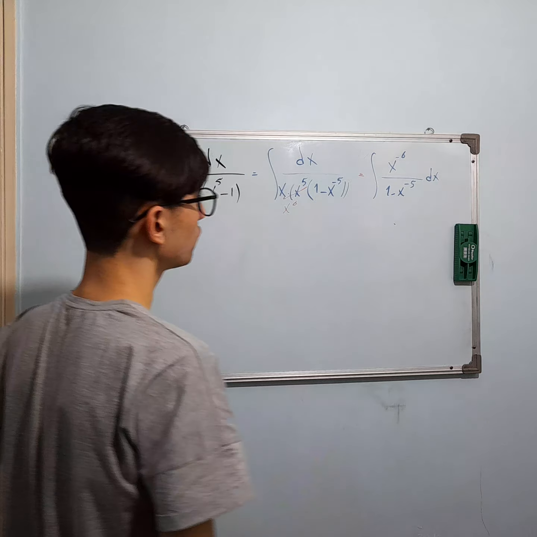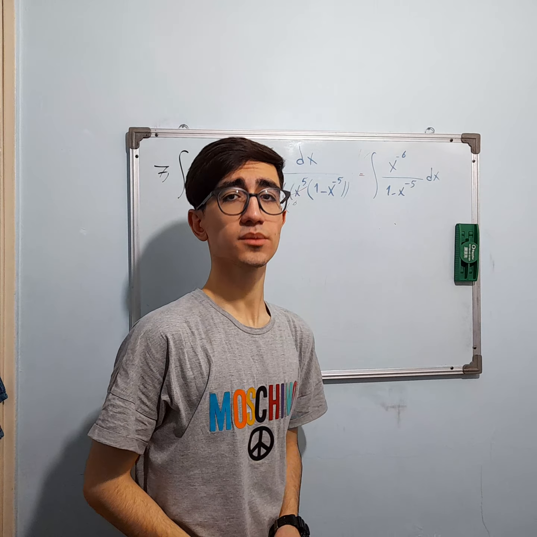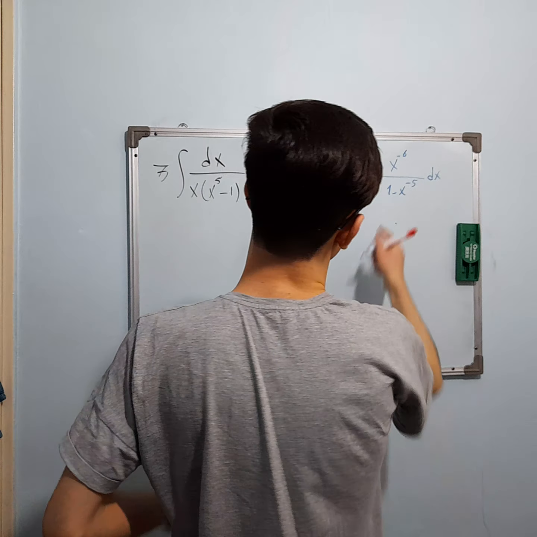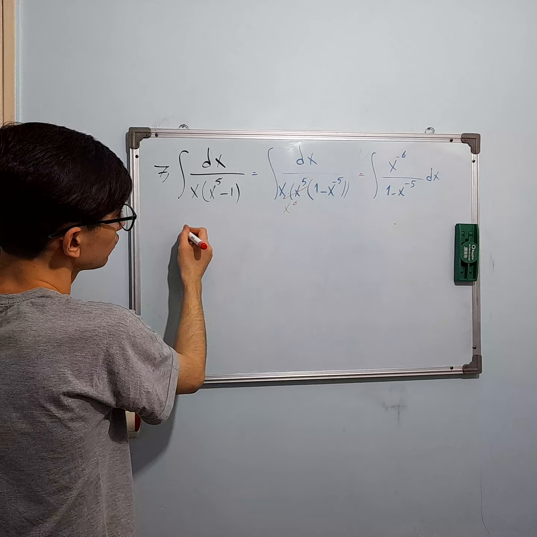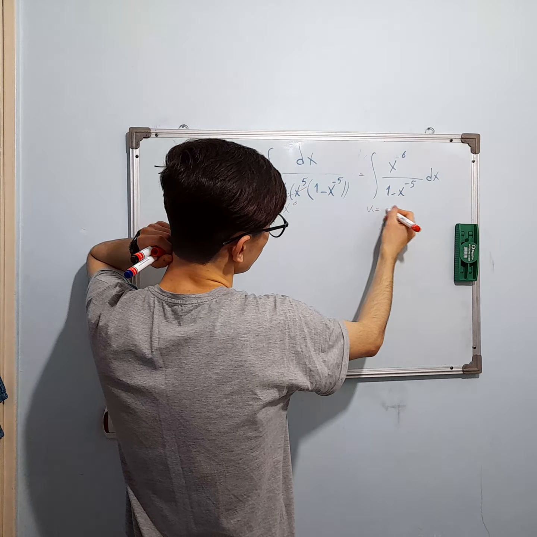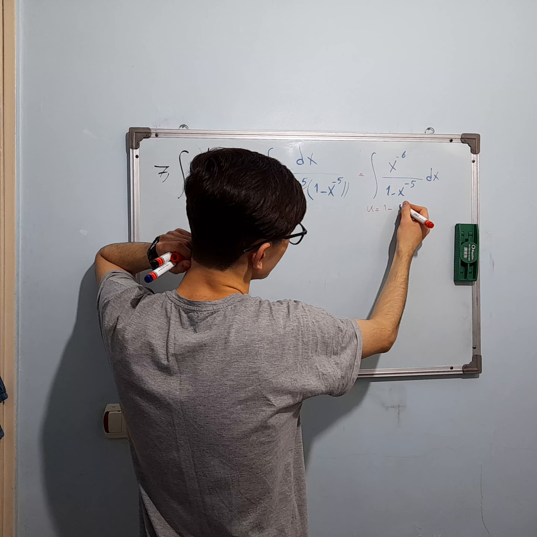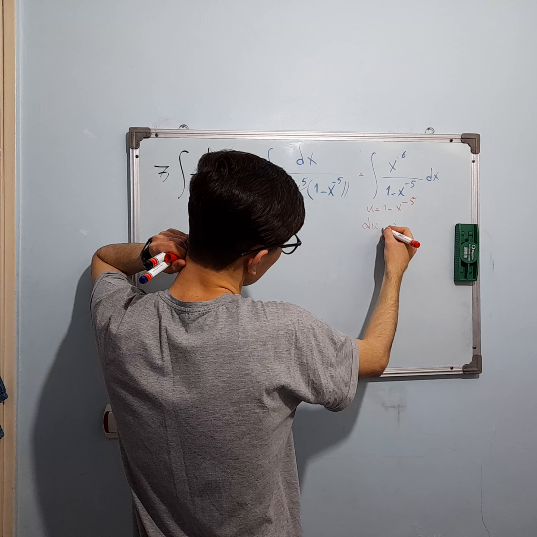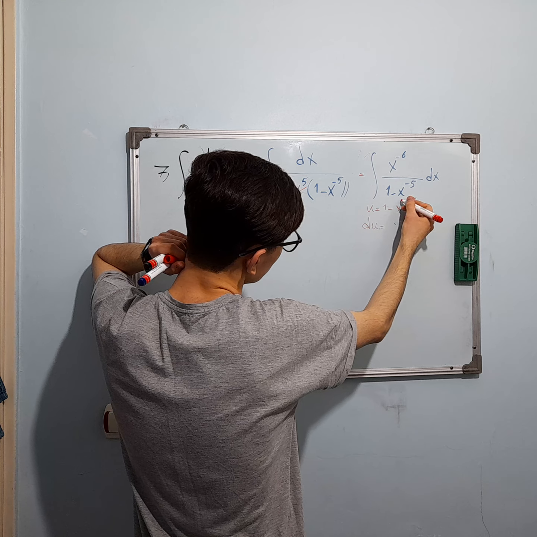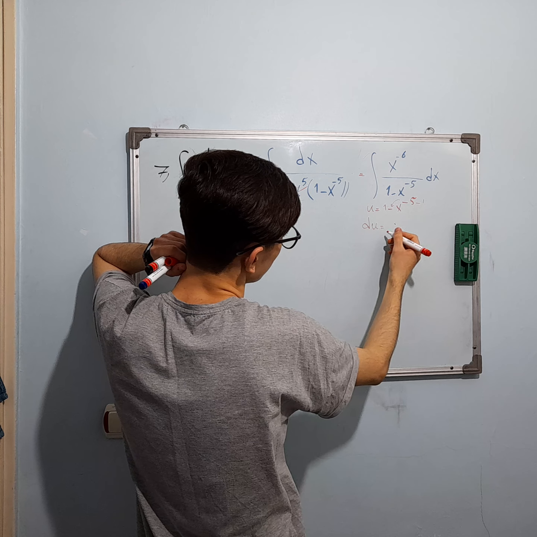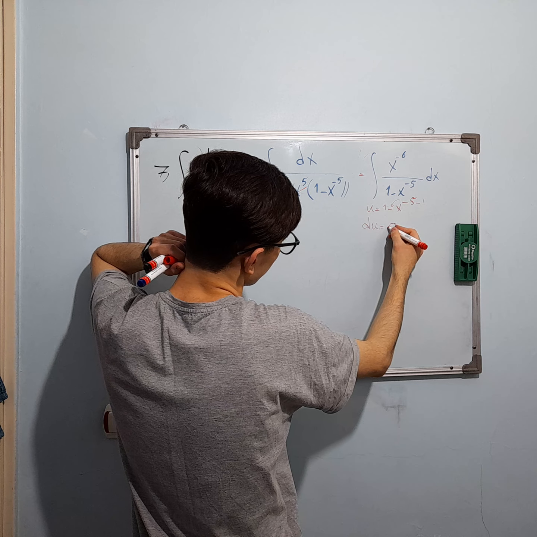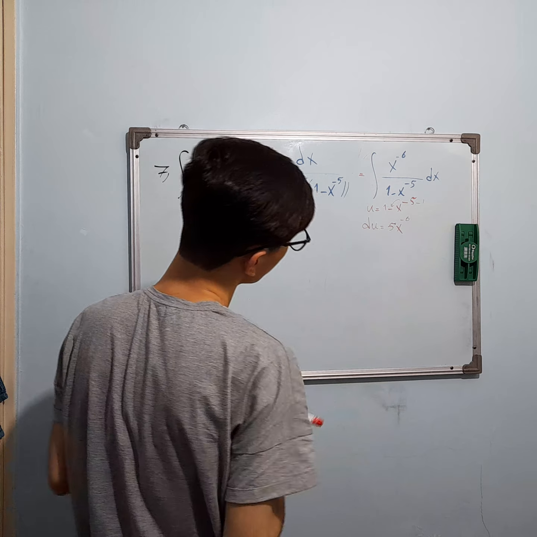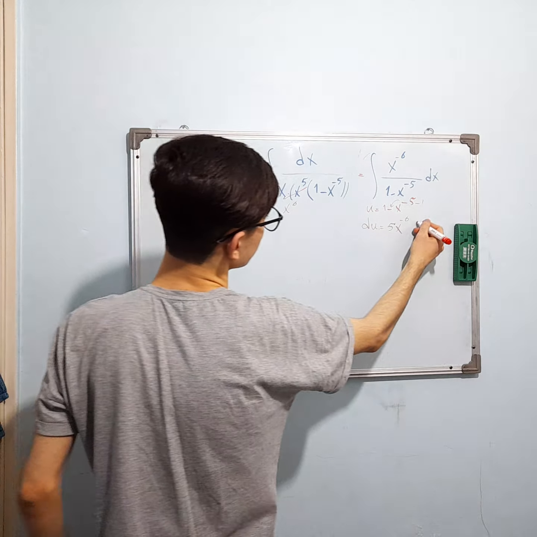And now we should use the U substitution. Let me write it here: U equals 1 minus x to the negative fifth power. We differentiate both sides: du equals 5x to the negative sixth power dx.